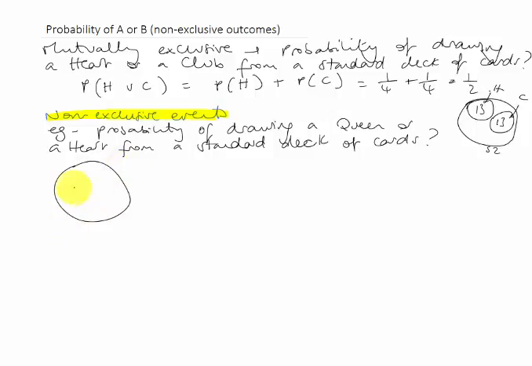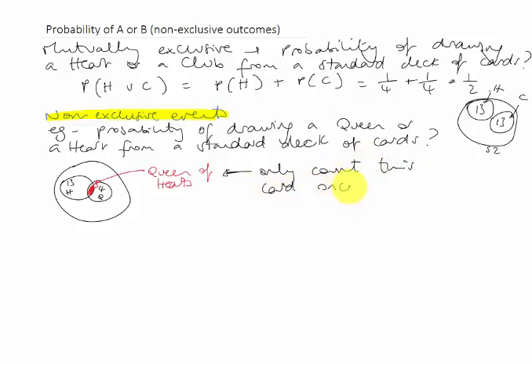So here we've got our 52 cards, and then we've got 13 hearts, and we've got 4 queens, but this card here is the overlap between those. This is the Queen of Hearts, and the most important thing is we only want to count this one once.